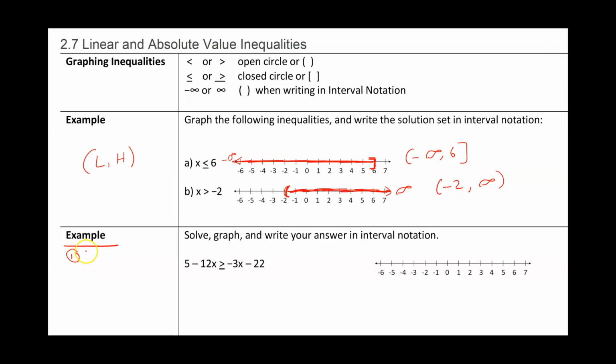In inequalities, the variables always move to the left. Variables always move to the left side of the inequality. Secondly, if we multiply or divide both sides by a negative, then the inequality reverses.